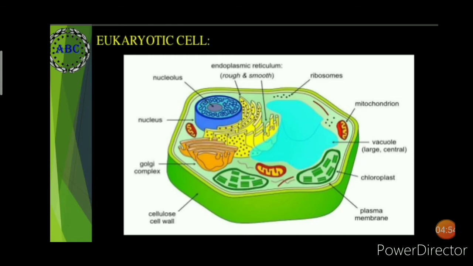In a eukaryotic cell, the cell wall is made up of cellulose. Inside that cell wall there is a plasma membrane or unit membrane, and in the endomembrane system there are the Golgi complex, endoplasmic reticulum, ribosomes, mitochondria, vacuole, chloroplast, peroxisome, glyoxysome, and all those cell organelles are enclosed within the endomembrane system of the eukaryotic cell.